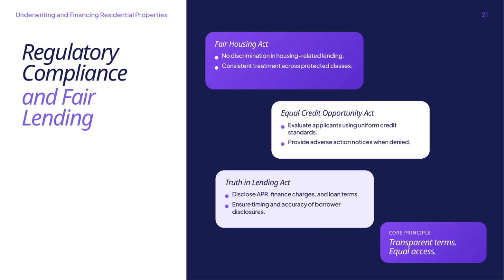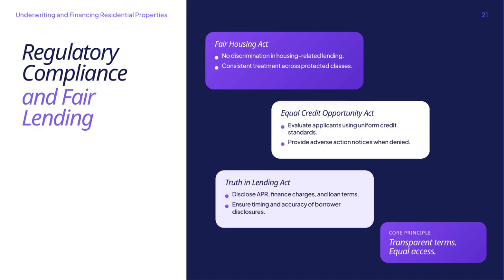Next, the Equal Credit Opportunity Act mandates that lenders evaluate all applicants using the same credit standards, promoting fairness. Importantly, if an application is denied, the lender must provide an adverse action notice explaining why, which adds transparency to the process. Then, the Fair Housing Act prohibits discrimination in housing-related lending.